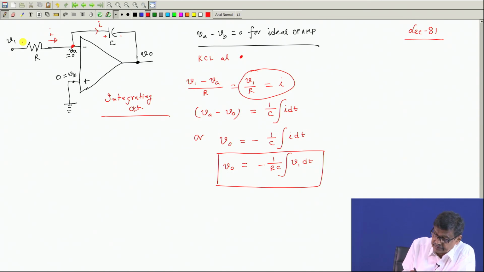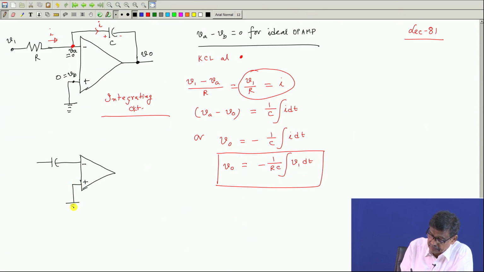Similarly, you see another circuit just similar to this. Suppose somebody connects a capacitor here, minus, plus, this point is grounded, and he connects a resistance there, that is, he reverses these two elements.